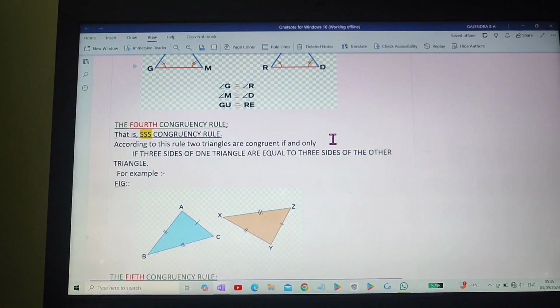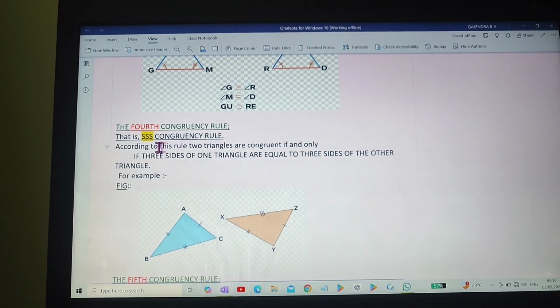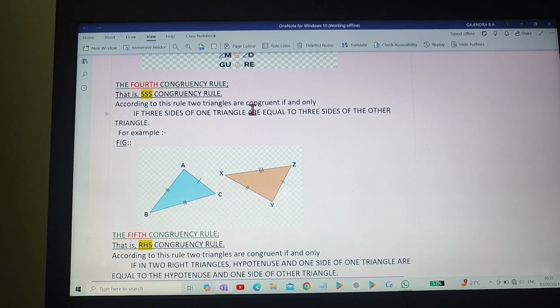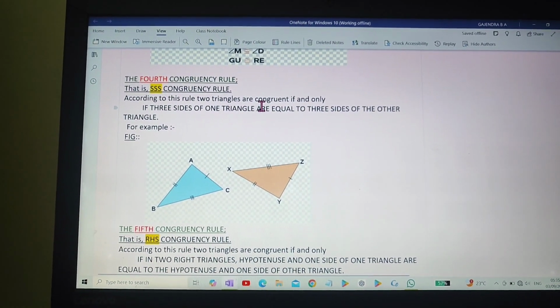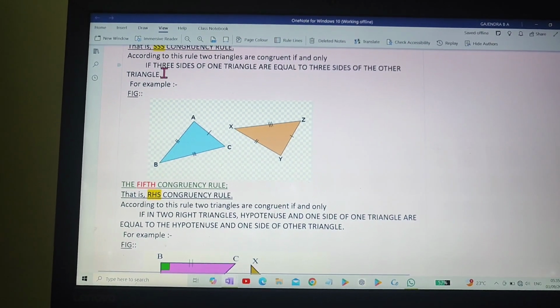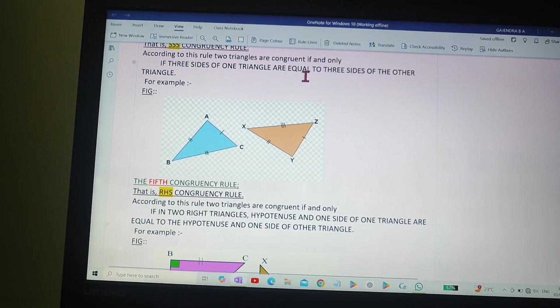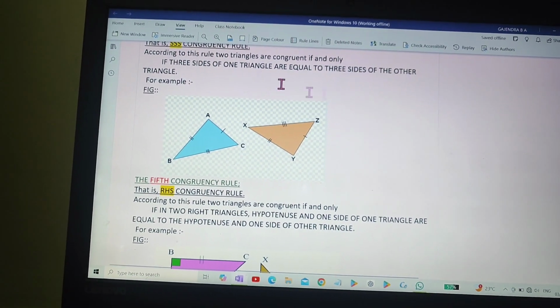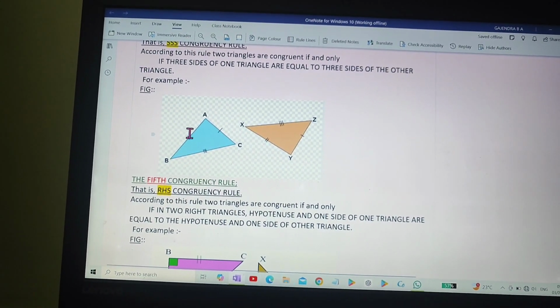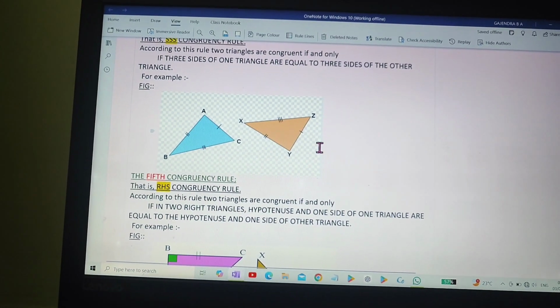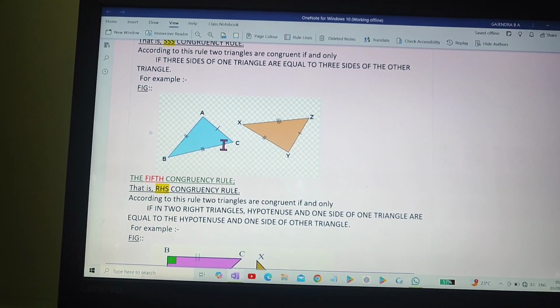and triangle UGM and triangle ERD are both congruent. Let us discuss the fourth congruency rule, the SSS congruency rule. According to this rule, two triangles are congruent if and only if three sides of one triangle are equal to three sides of the other triangle. All three sides are equal to all three sides of the other triangle.